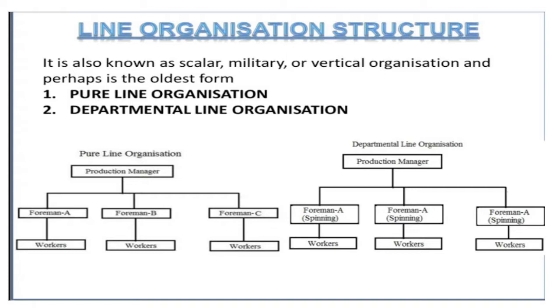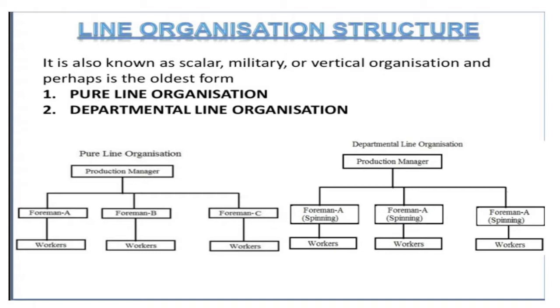Okay, in the departmental organization, instead of foreman A, foreman B, it was divided function wise. Foreman spinning, and under the foreman, 3 workers are there. Maybe that is department wise.